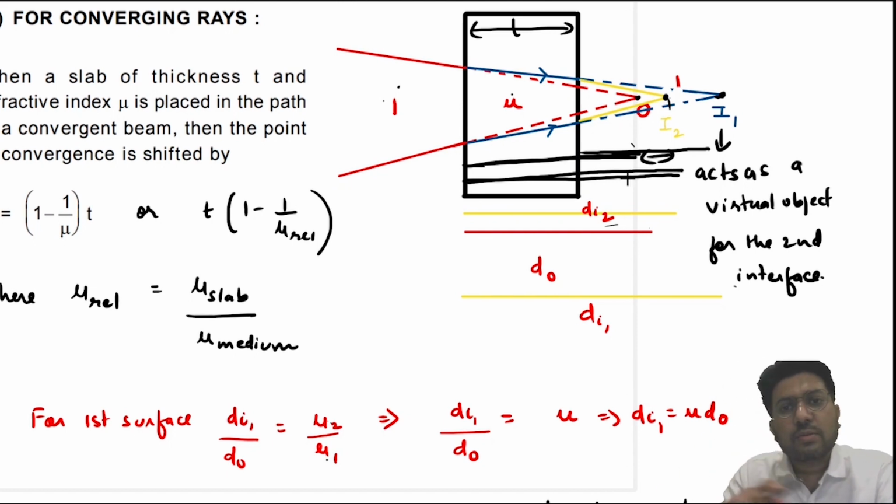Shift is always calculated from the final image, because when you look from this side, you will look at the image at this point only. You will not see the object, you will see only this. So I2 is the final position of the image, and you will be seeing this position only.